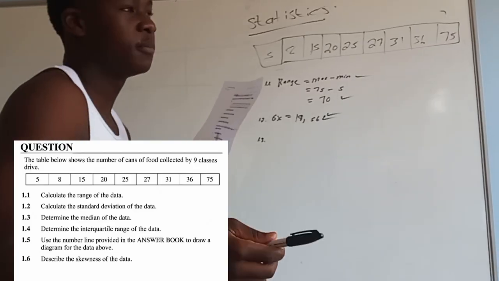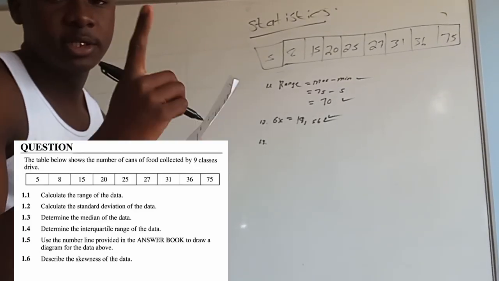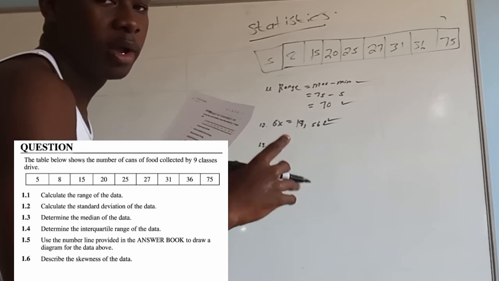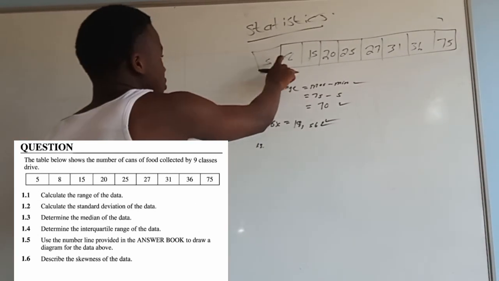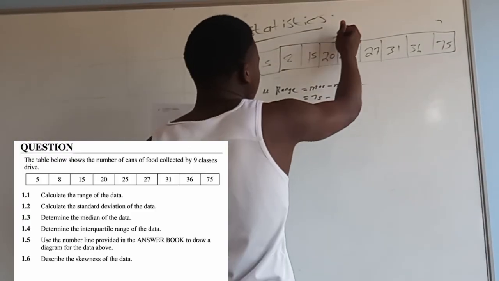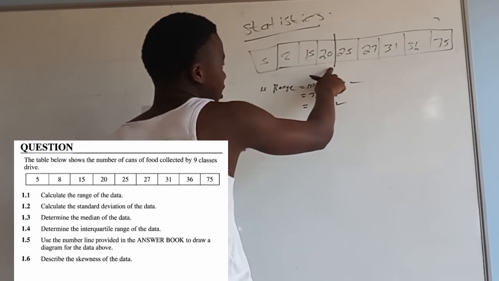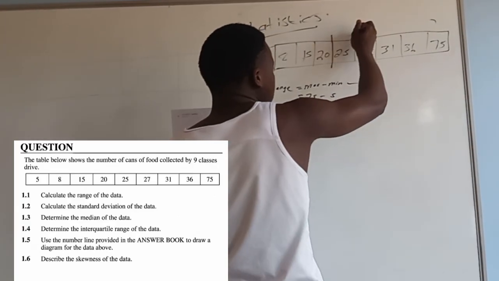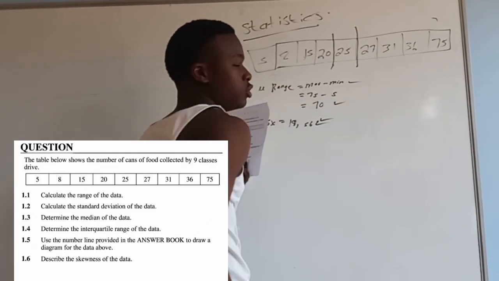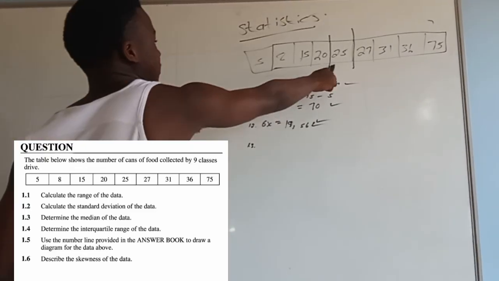We only have one middle term, because it's going to be 4 and 4, and then only one number will be left. So we say 1, 2, 3, 4, and then we put this, like where we separate. Then 1, 2, 3, 4. So our middle number is 25.